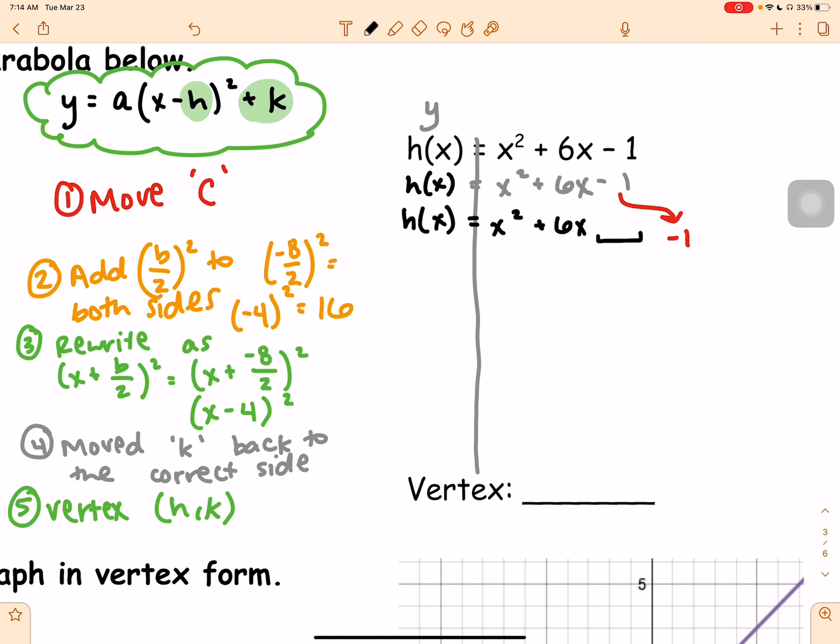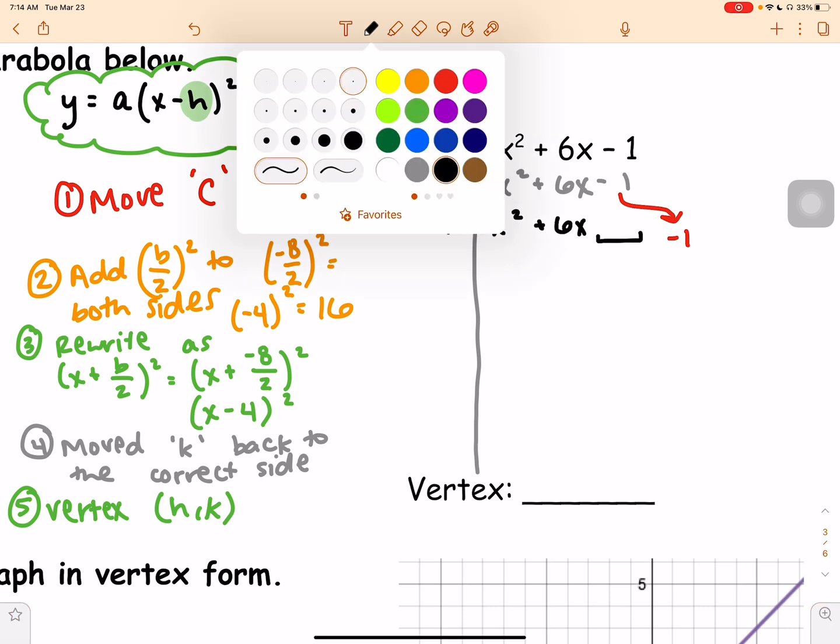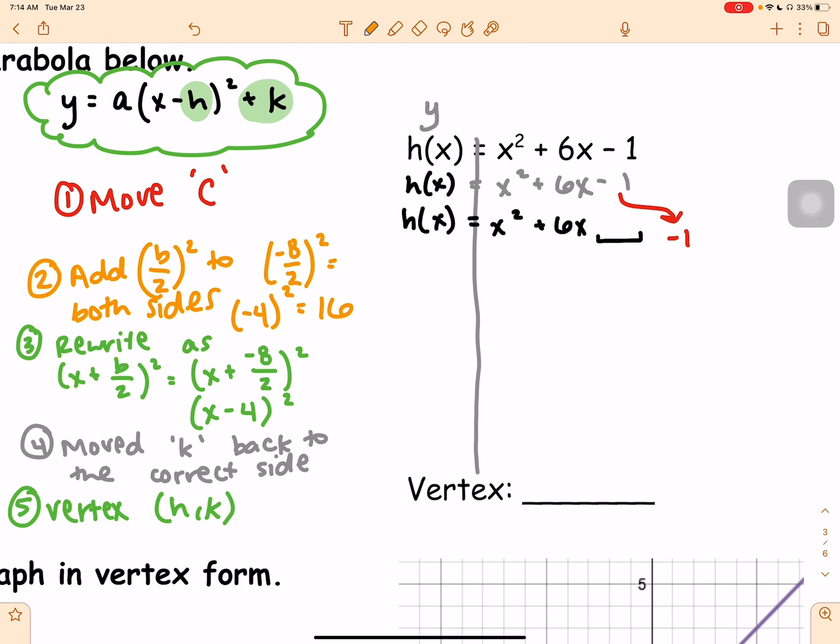So I mean, we could add it over to the left side. So let's see what this would look like. So in this case, our b is a +6. So 6 over 2 squared is 3 squared, which is 9.